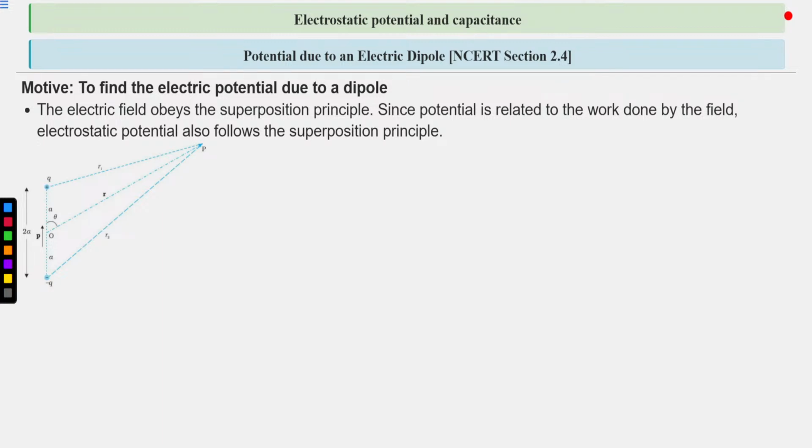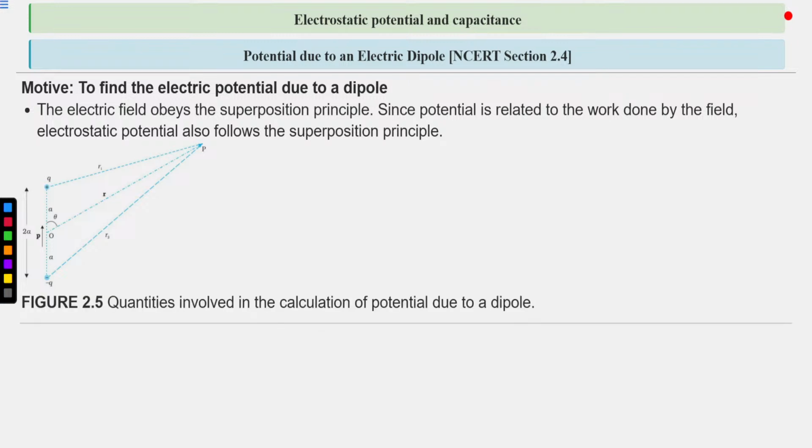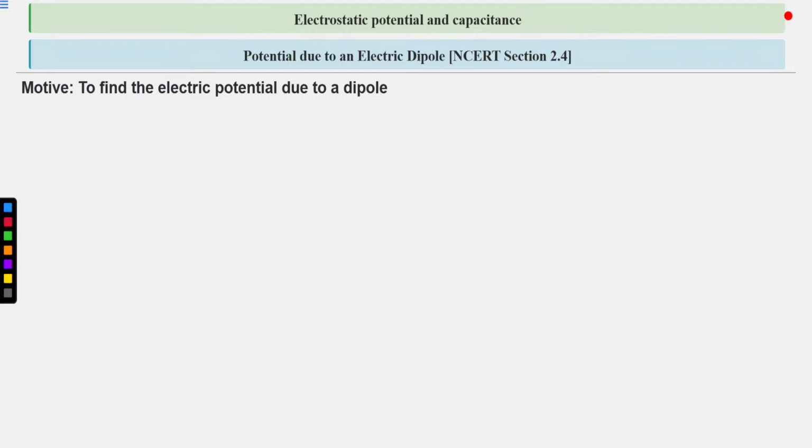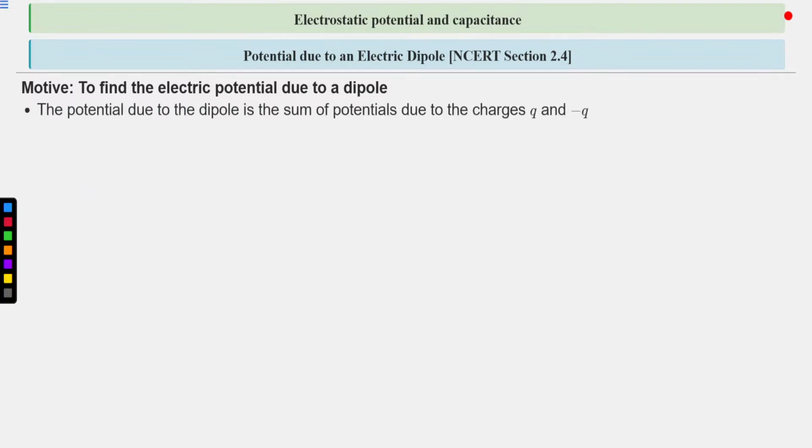That the potential at this P point is the sum of the potential due to this positive charge and potential due to this negative charge. The potential at P point due to dipole is the sum of potential due to individual charges, that is plus Q and minus Q.